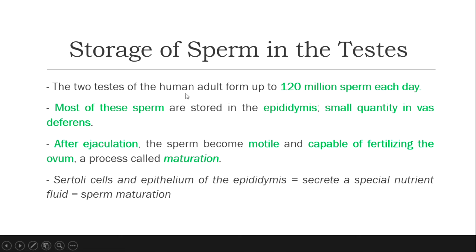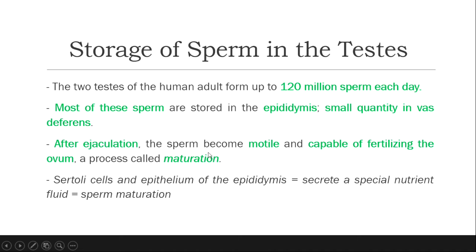maturation. So, ang key point lang dito sa slide na to, yung testes ng isang lalaki nagpo-produce ng 120 million sperm each day. Okay? So, nai-store siya mostly sa epididymis at pwede rin sa vas deferens. Okay? Then, after ejaculation kasi, yung sperm nagiging motile saka capable na siya para i-fertilize yung ovum.